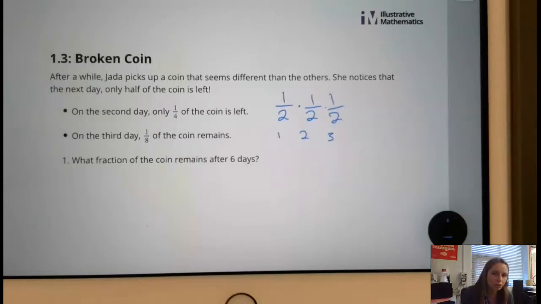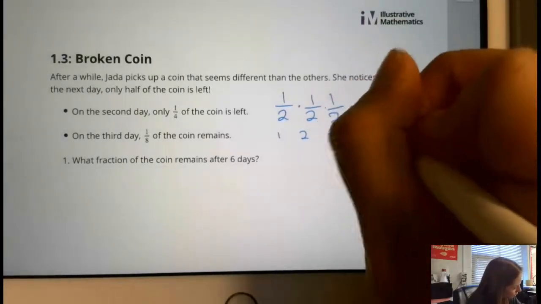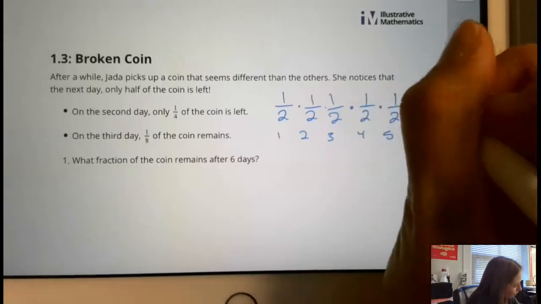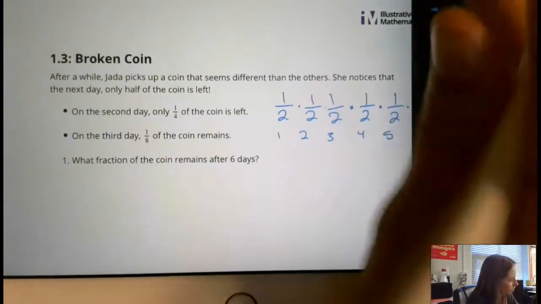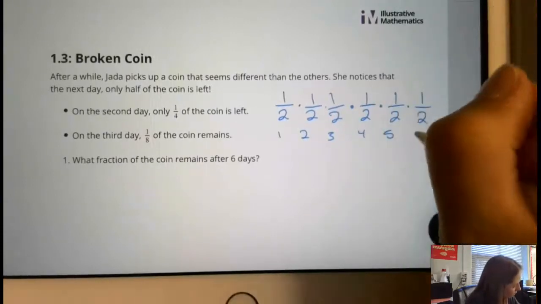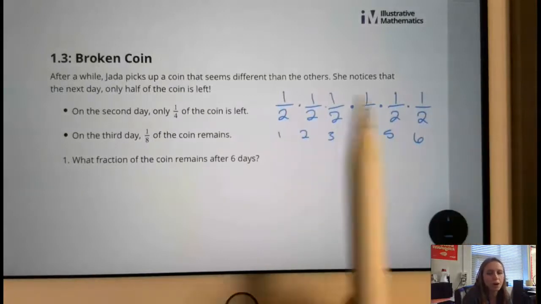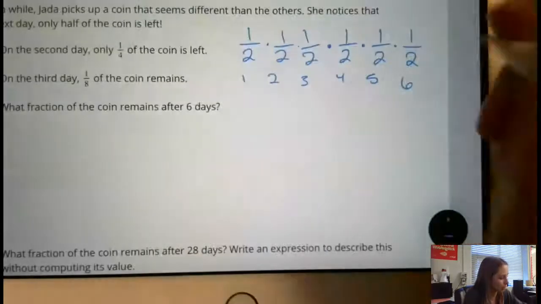Alright, now it says what fraction of the coins remain after 6 days? So that would be 3. This would be 4. This would be 5. And then this would be, I wrote 6. This would be on the 6th day. So what we can do is multiply the bottom across and multiply the top across to figure out our answer.